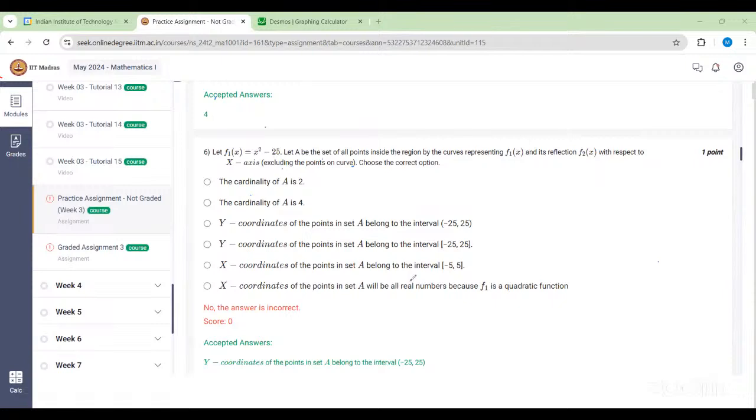This reason is not that helpful, because if an x coordinate is there, then it's obviously a real number. Right. Okay. Got it. Thank you.